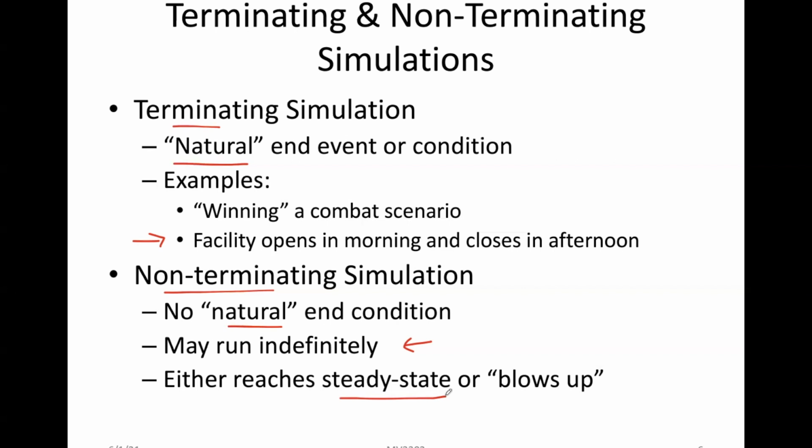It may fluctuate wildly, but it will still fluctuate. Or it will blow up, meaning, in the case of a queuing system, either the queue size will fluctuate and periodically empty out, or the queue will just blow up, meaning it grows and grows and grows.